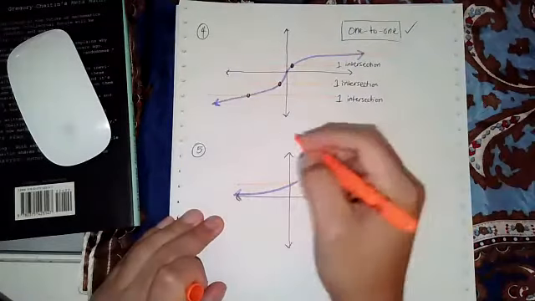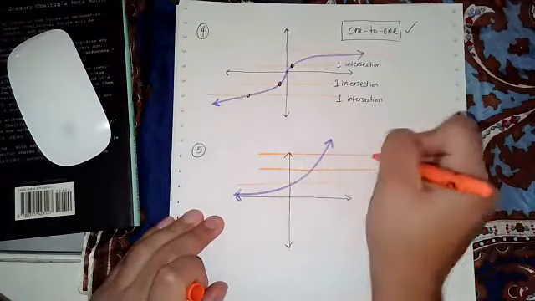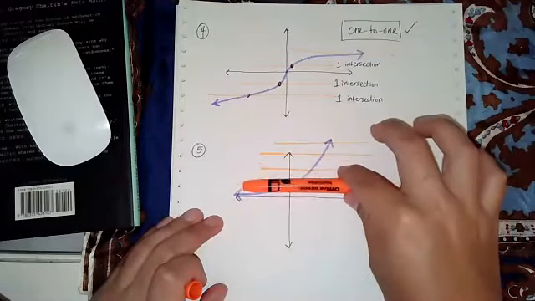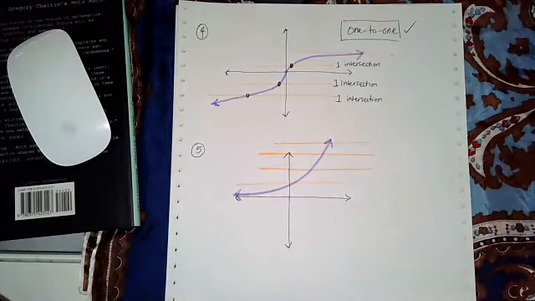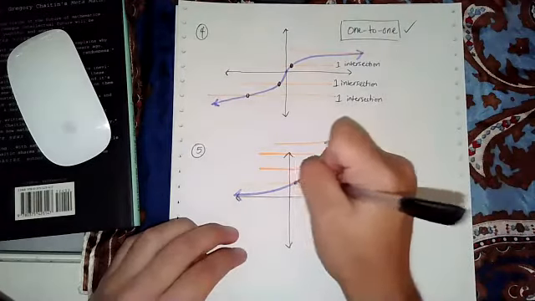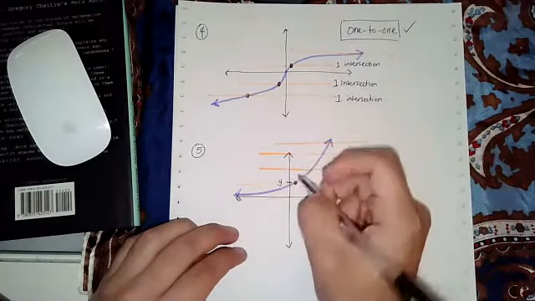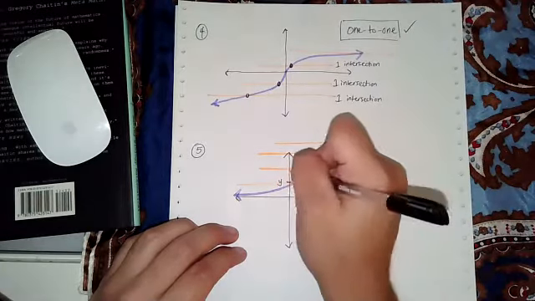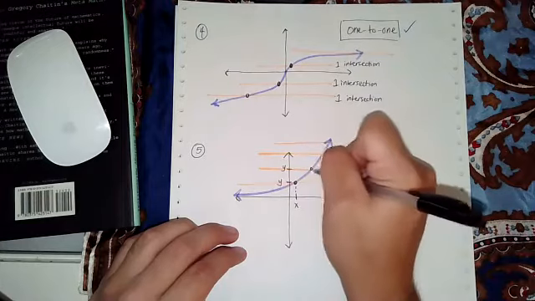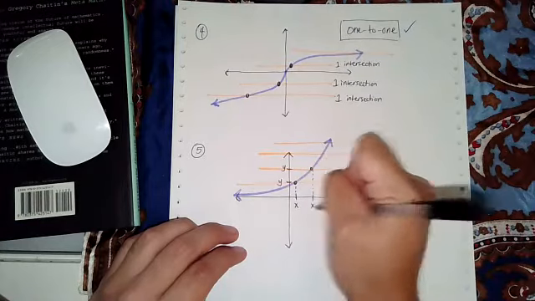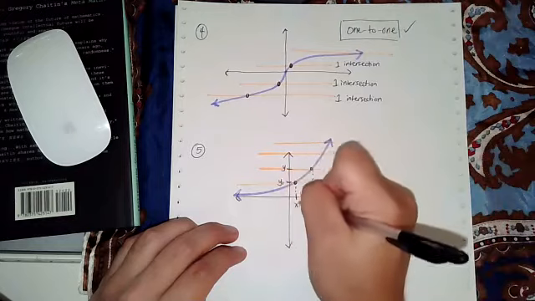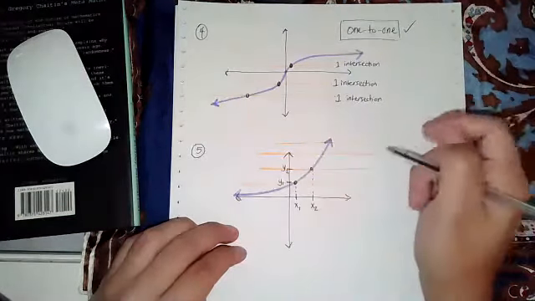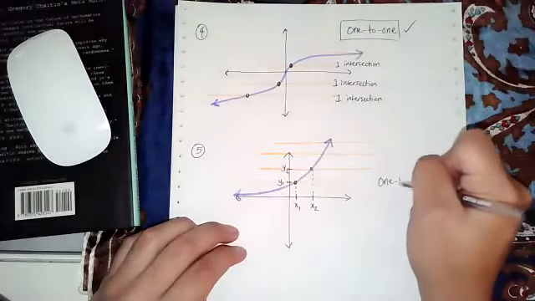Again, just throw some horizontal lines on there, or you could throw your pen or pencil horizontally, and we'll see that for every output, whatever this output is, let's just call it y, it has a unique input. Same thing for this y value, it has a unique input as well. So let me maybe put y1, x1, y2, x2, and so on. So yeah, that's one-to-one.